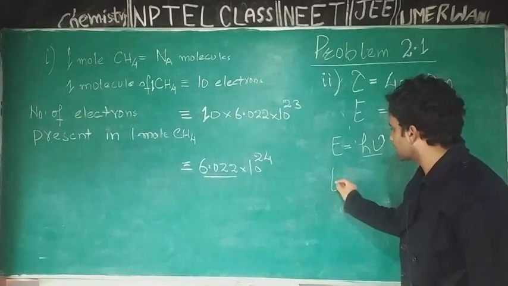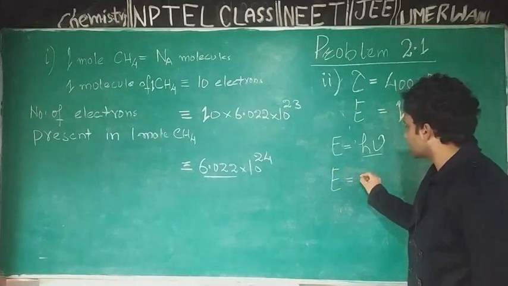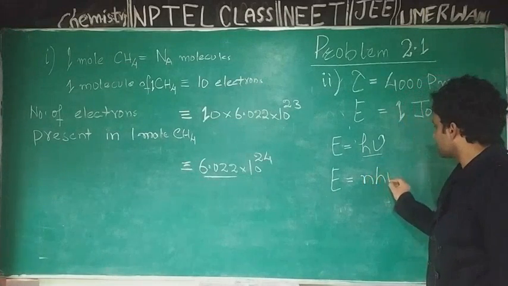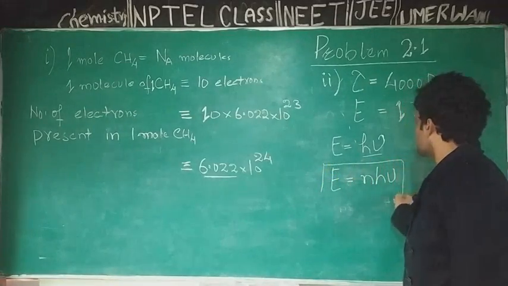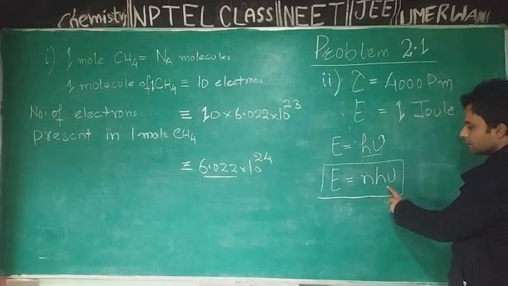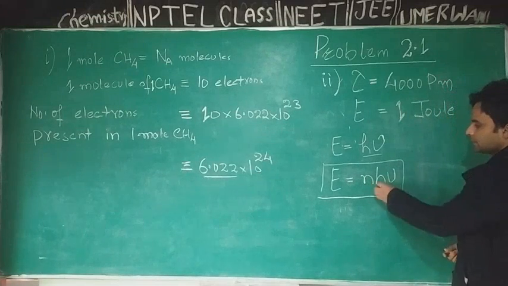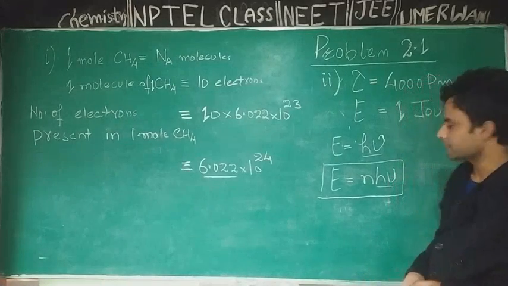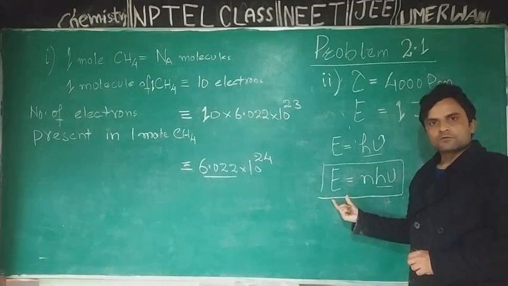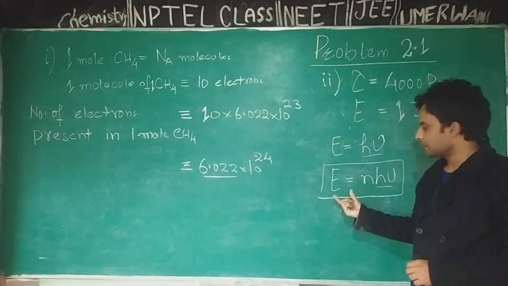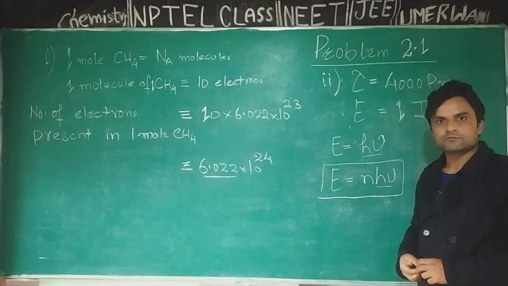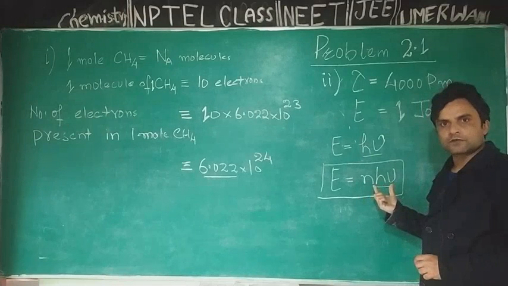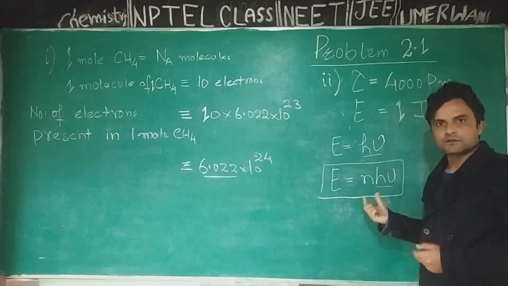Energy of n quanta will be equal to, energy of n photons will be equal to E is equal to n h nu. Total energy emitted or absorbed is nth integral of h nu, and this n can take value only 1, 2, 3 integral value, not 0, not fractional, which is also proof of the fact that energy absorbed or emitted by atoms is quantized. It can take only fixed values equal to 1 h nu, 2 h nu, 3 h nu, and cannot take value in between these values.